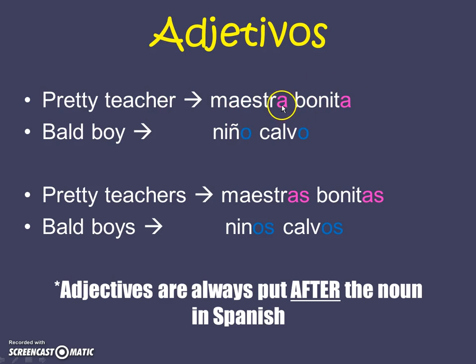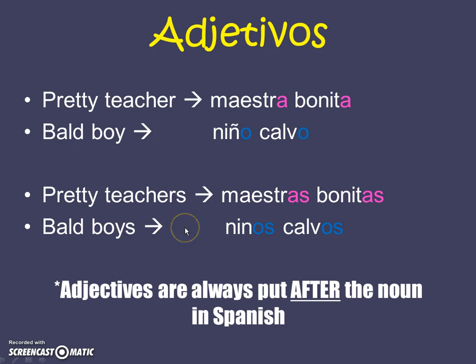Well, it agrees in gender because both of them are ending in an A, and it also agrees in number because we are just talking about one teacher. Okay, so I have it singular here, and I have it singular here. Moving on to bald boy. Again, we have to agree the noun and the adjective in gender and number. They are agreeing in gender because they both end in an O, and they are also agreeing in number because they are both singular.